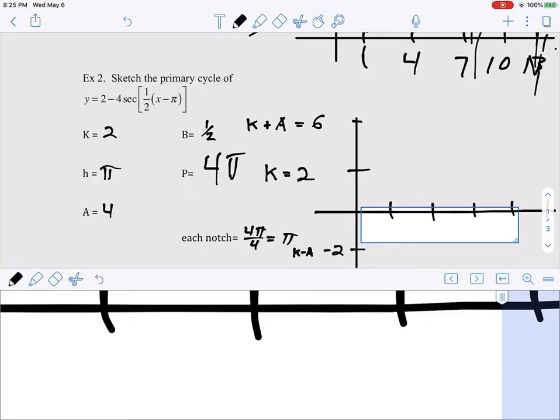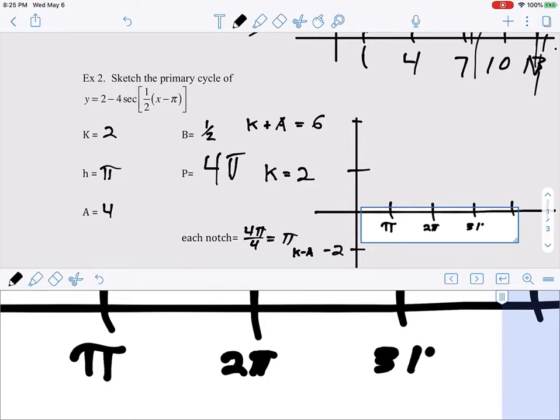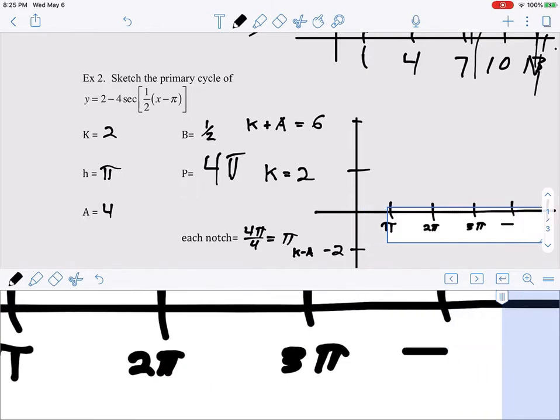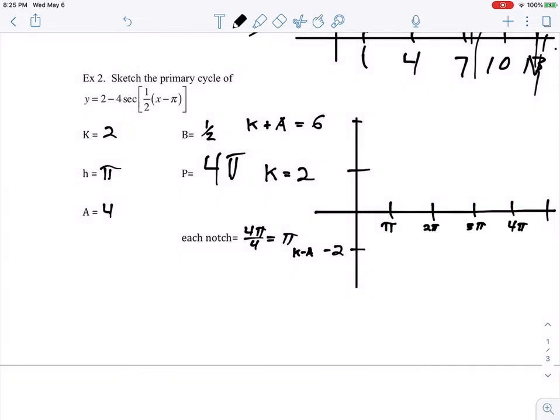That's going to be pi, and then add pi, so that's 2 pi, and then we're at 3 pi, and then, let's see if it slides over here. Then we're at 4 pi. Okay, so those are our x values as we went.